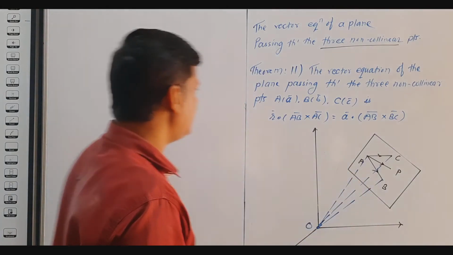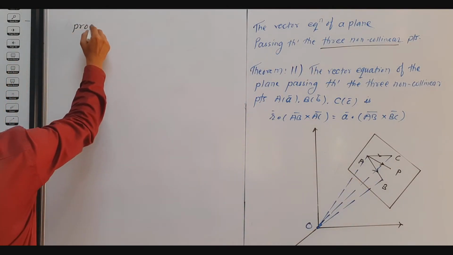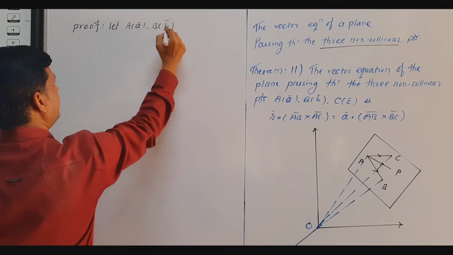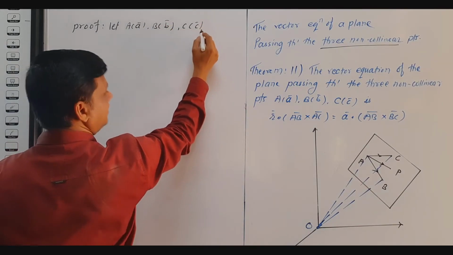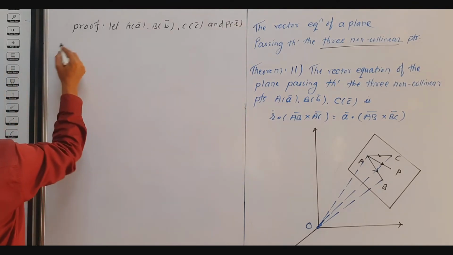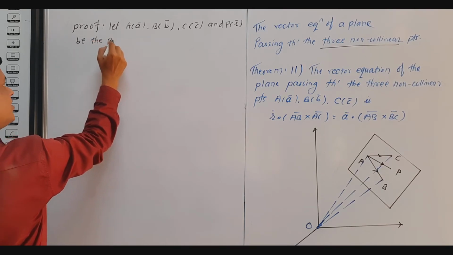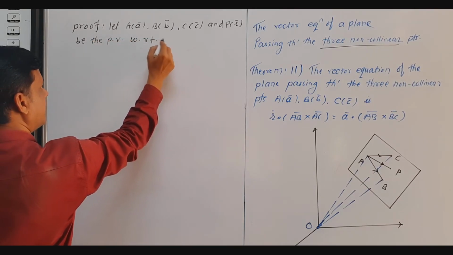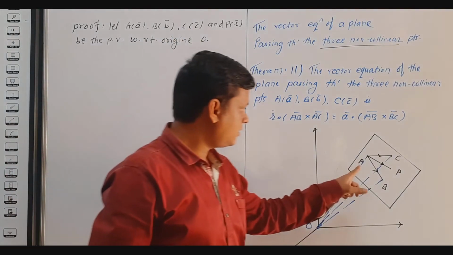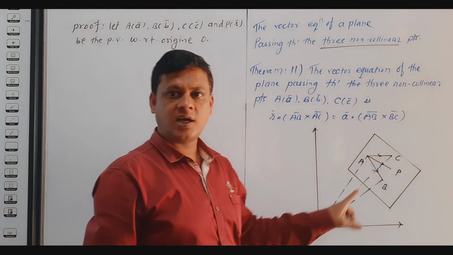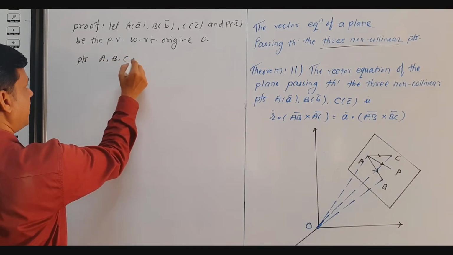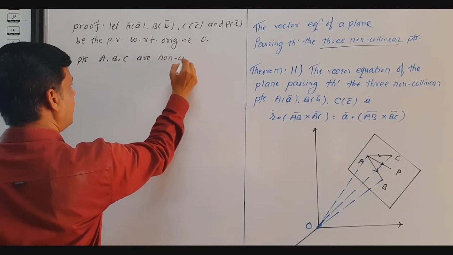So we consider in the proof, let A of A bar, B of B bar, C of C bar and P of R bar be the position vectors with respect to origin O. Now these three points A, B, C are non-collinear points.